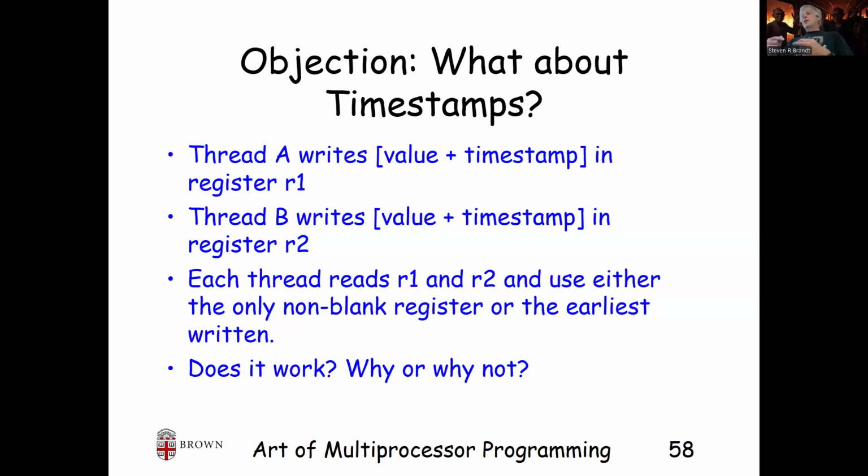So this one could read the time first, this one could read the time second, and then this one could write the time, check and see this one's not written, and think it's won. This one writes, checks the times, it has the earliest one, so it thinks it wins. So it can happen, right?